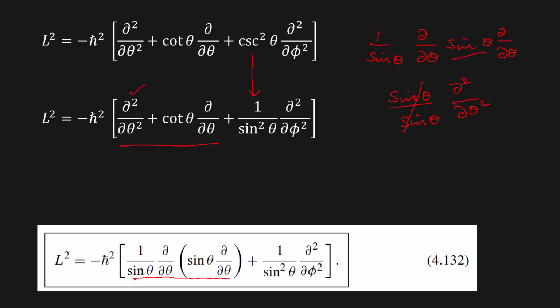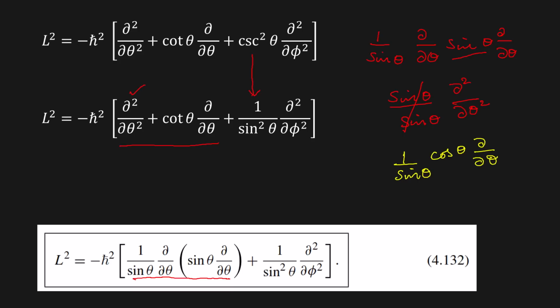Then next, you keep 1 over sine theta as it is. Then you differentiate this sine theta, then you will get cos theta, cos theta delta over delta theta.